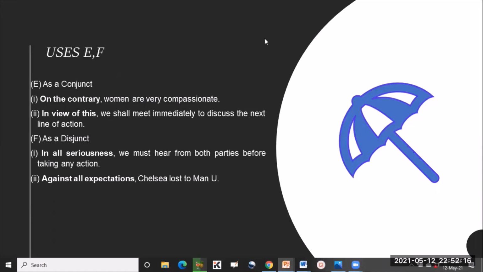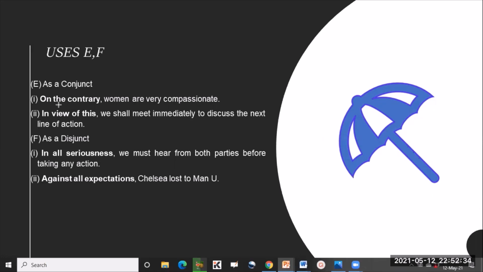Now, the next use of the prepositional phrase is as a conjunct. A conjunct is also a type of adverbial. All right? For example, on the contrary, women are very compassionate.